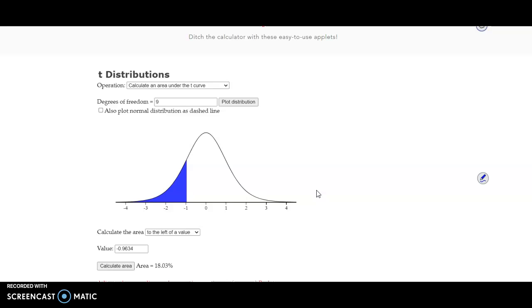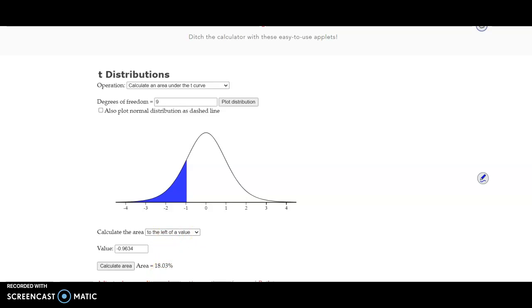So I formed this normal curve, and my standardized test statistic of negative 0.9634, I'm testing a less than, so I want to find the probability of obtaining my sample mean difference or something more extreme. That comes out to about an 18% probability. That's not statistically significant. About 18% of the time, we'd expect this result to happen.